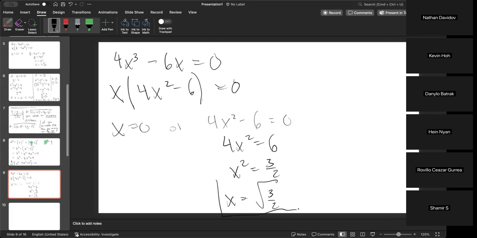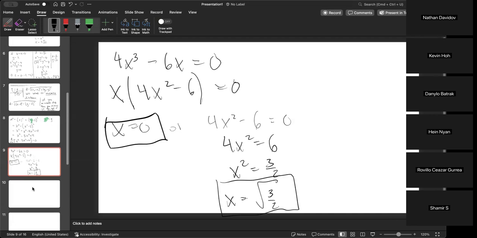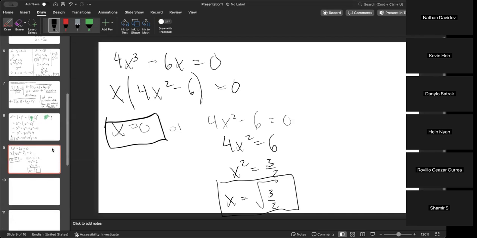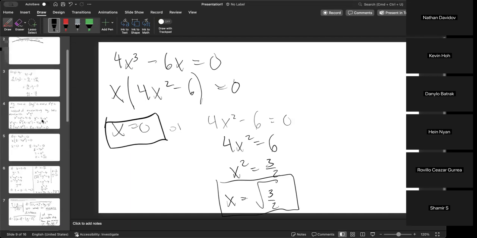Okay. So we have this, and we have this. So it looks like there are going to be two solutions here. There's definitely no maximum value.